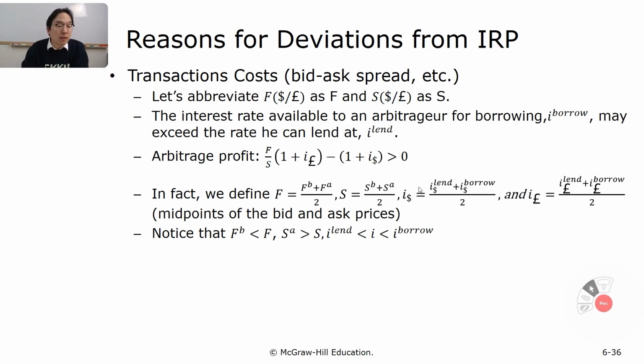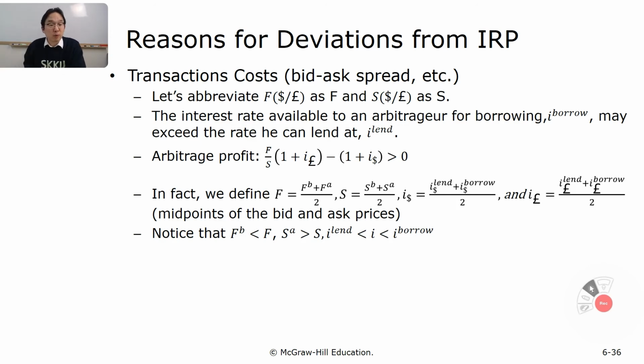And then the interest rate in dollars, the US interest rate, is the midpoint between the lending and borrowing rate. Okay? Lending and borrowing is like a deposit rate versus a borrowing rate. Which is higher?